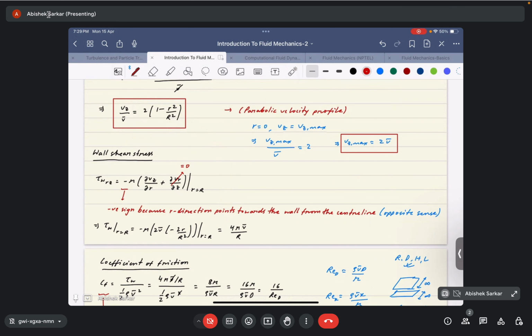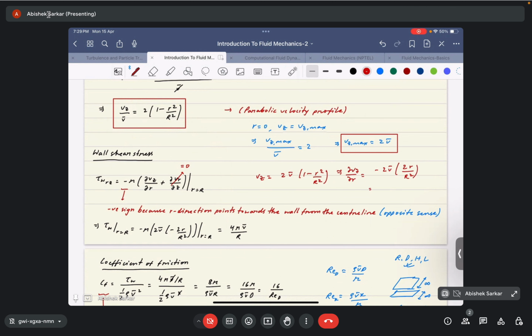So we can write Vz equal to 2v bar times (1 minus r square by capital R square). Now we need to substitute dVz by dr. So this will imply dVz by dr would be equal to minus 2v bar into 2r by R square.